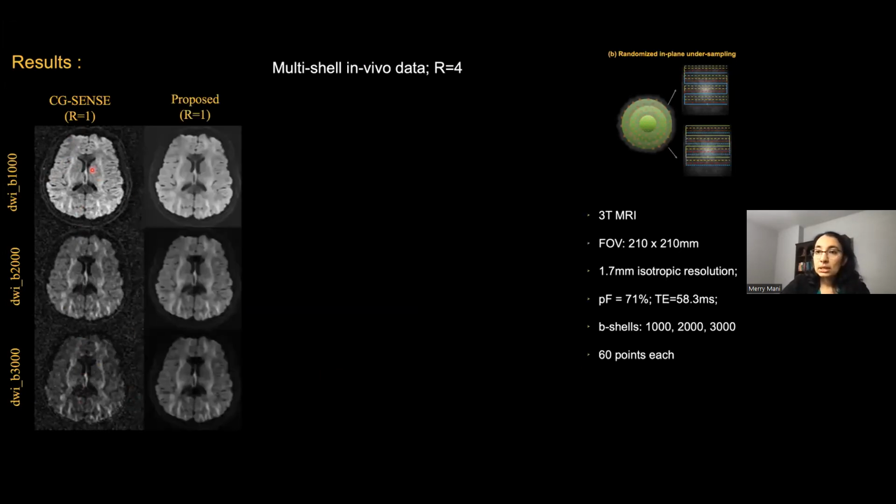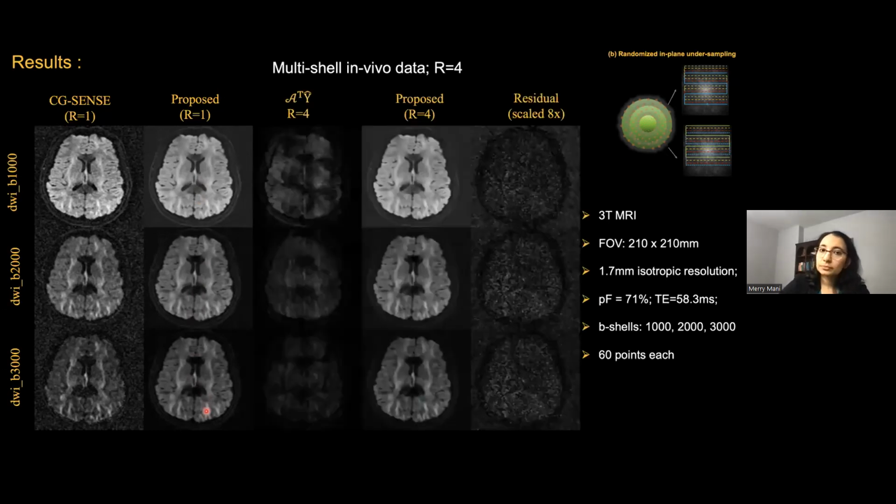Now this is individual Q-space reconstruction, so point by point Q-space reconstruction. Now instead, if we use a joint KQ reconstruction of the fully sampled data, you can see that you get much improved SNR and denoised results also.